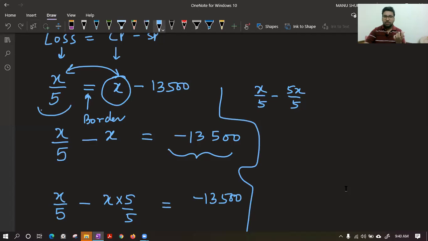This is suppose India, and this is suppose some other country like Nepal. So if you observe, only X from Nepal is going to India. So that means only one person from Nepal is going to India.